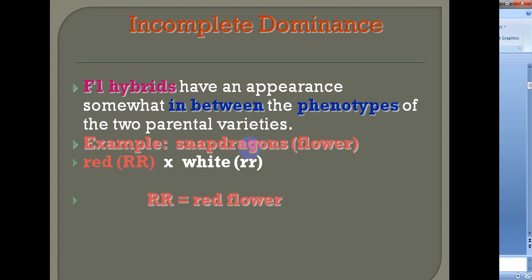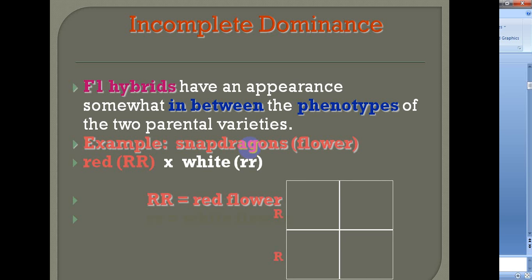In case of red, the genotype is homozygous, capital R capital R, and in case of the white flower plant, we have small r homozygous, the recessive.